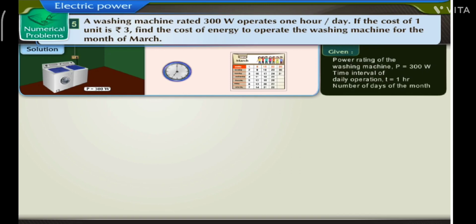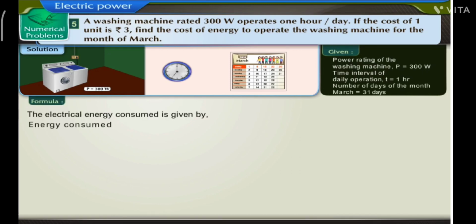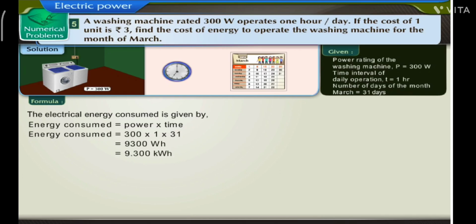Number of days of the month, March, is equal to 31. Energy consumed is equal to power multiplied by time. Energy consumed is equal to 300 multiplied by 1 multiplied by 31 is equal to 9,300 watt hours is equal to 9.3 kilowatt hours is equal to 9.3 units.